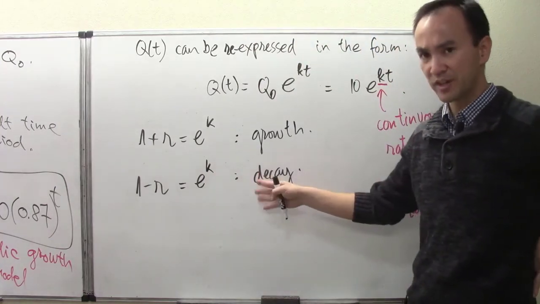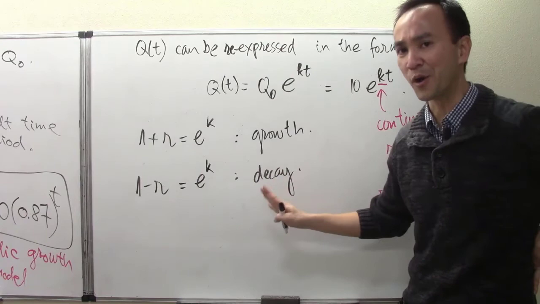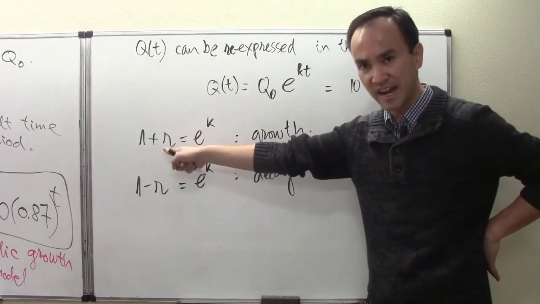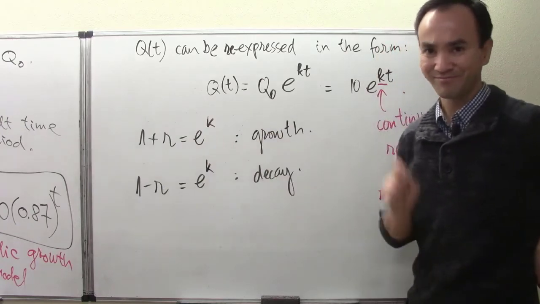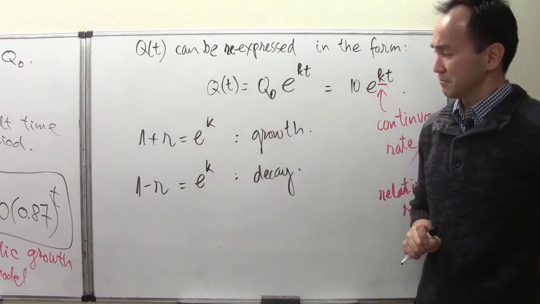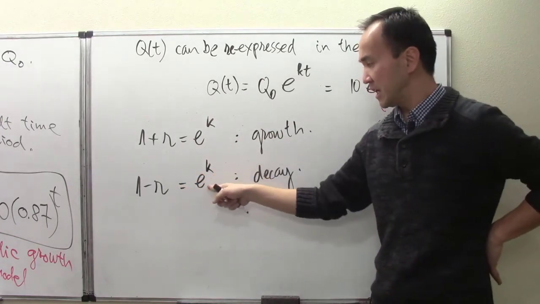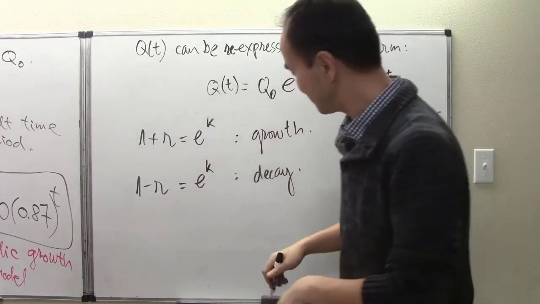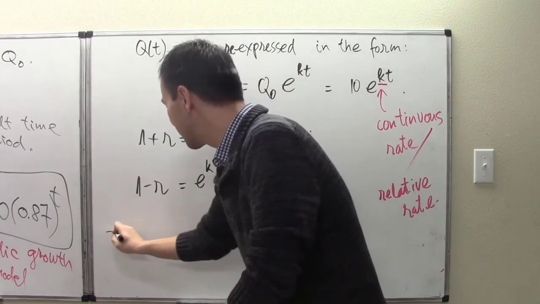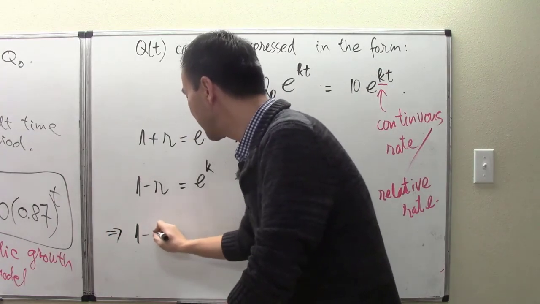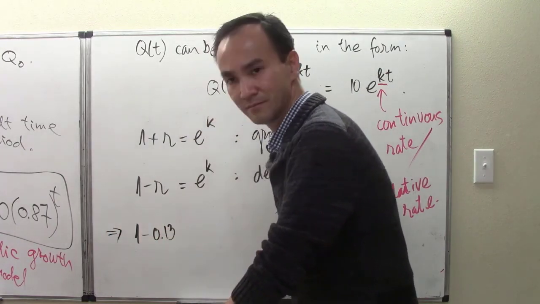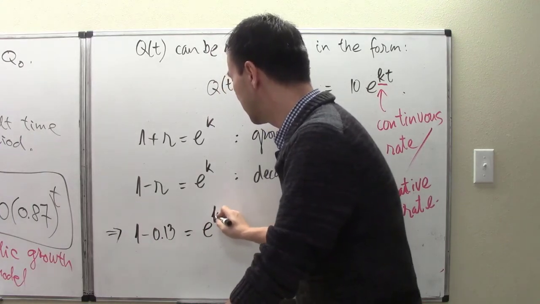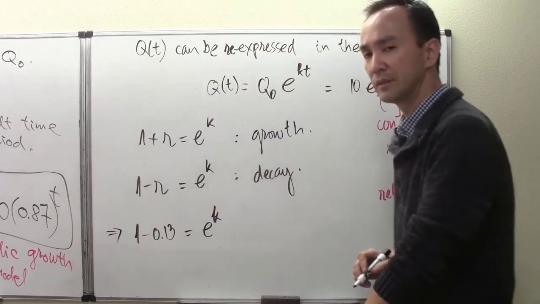So this is where we're now quite far away from the financial math. But we took the idea to build this, and from that we led on to this. And so now we are quite ready. That leads to 1 minus 0.13, and we want that to equal e to the k.